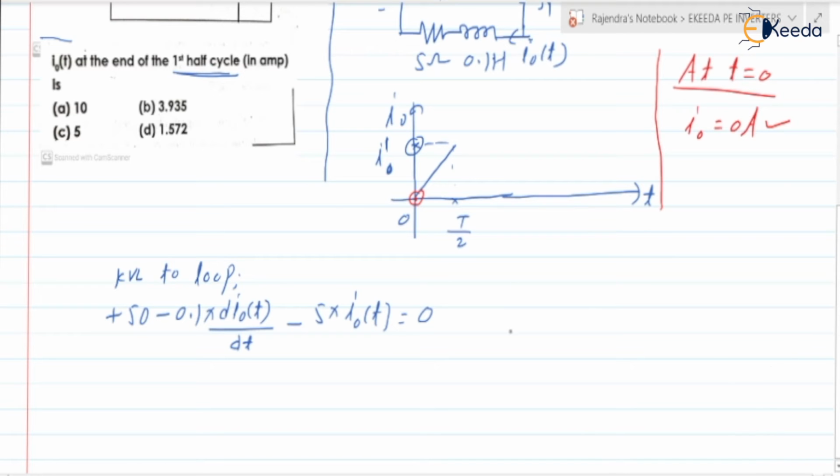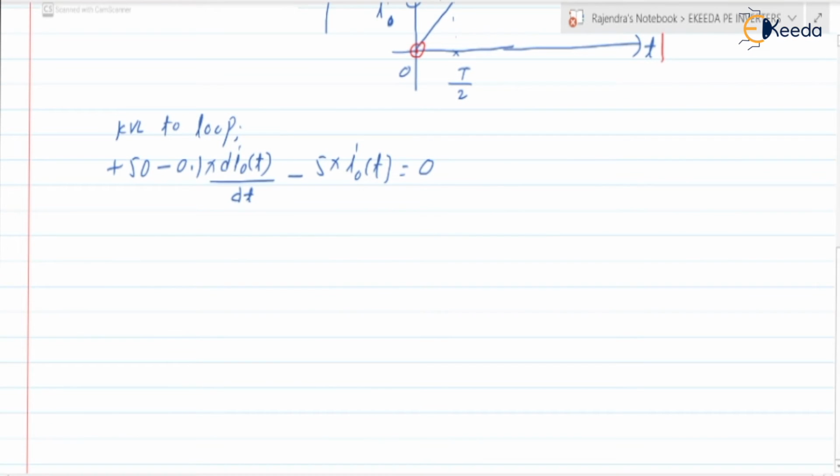Further we can write it as 50 is equal to 0.1 into di0 of t by dt plus 5 into I0 of t.